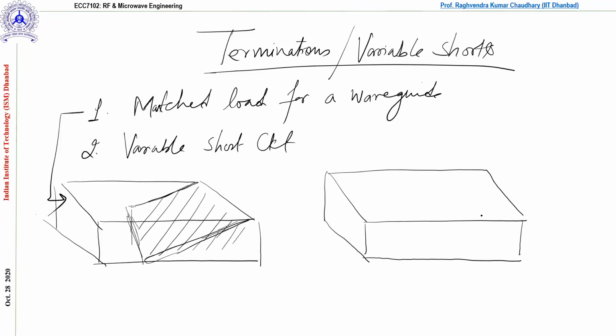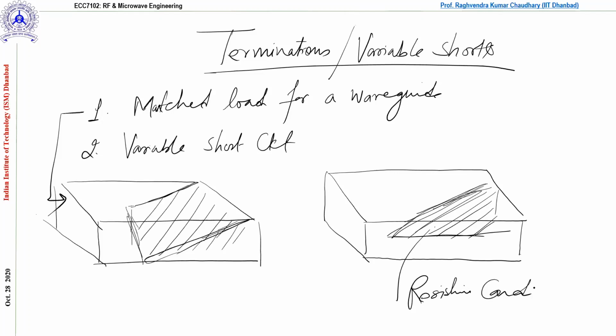Means what I'm saying, there's a tapered card inside. You try to fix it. Okay, this kind of tapered card is there. Okay, this is a resistive card. And here we are introducing a lossy wedge or slab, which can absorb the things. Fine. So the thing is, all incident power is absorbed.